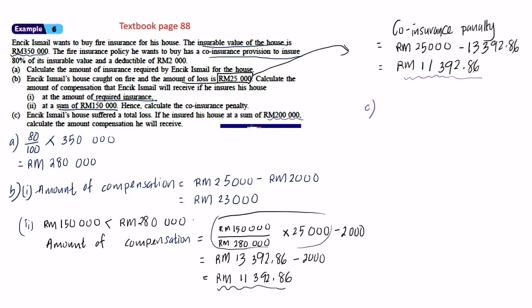So if the sum insured is 200,000, he will receive 200,000. But don't forget, minus the deductible amount 2,000. So the total amount he can receive is 198,000 ringgit.